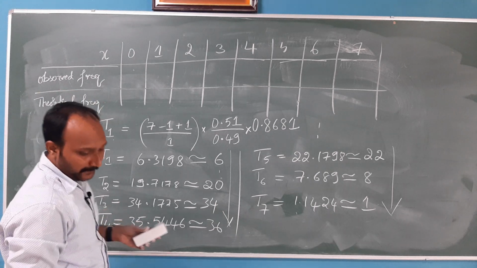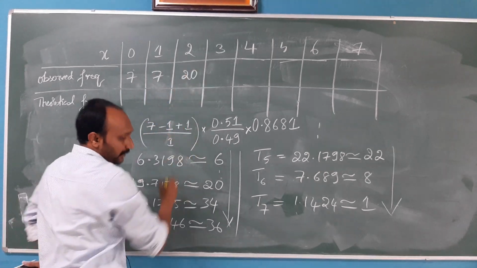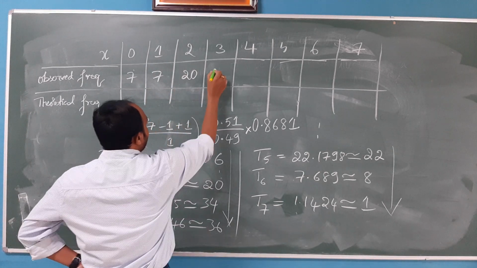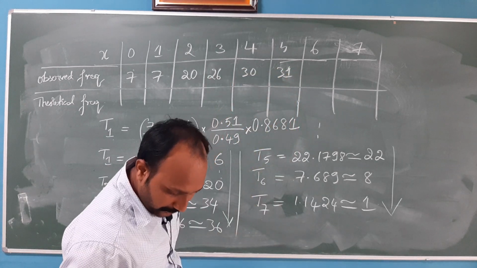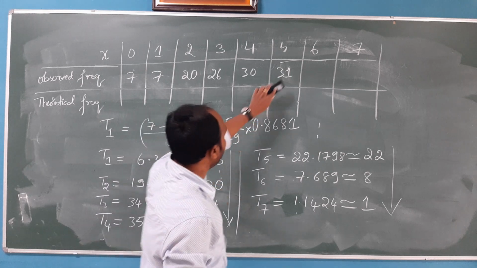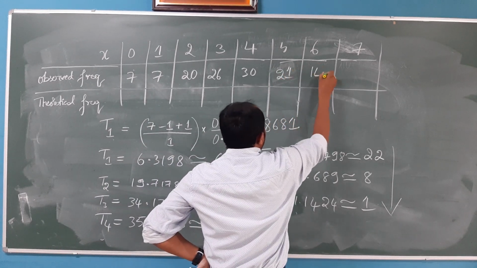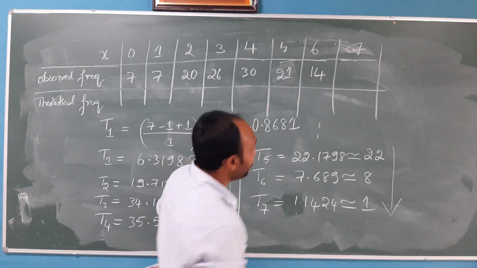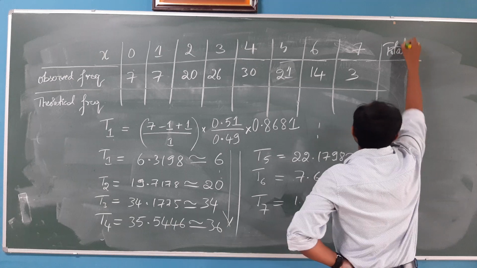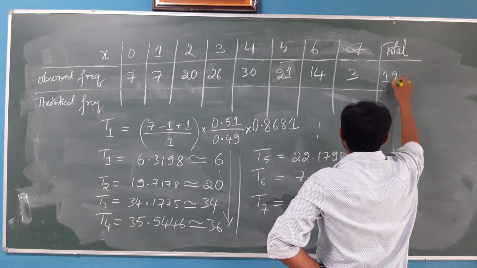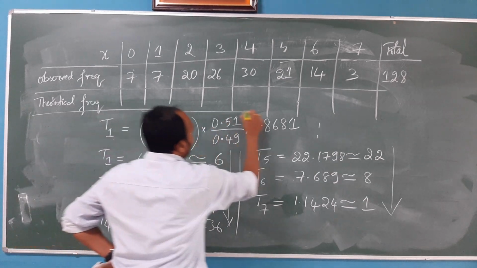So what are the observed frequencies? 7, 20, 26, 30, 31, followed by 30, 21, not 31, 21, 14, finally 3. If you add all these observed frequencies, you will be getting 128. What about the theoretical frequencies?